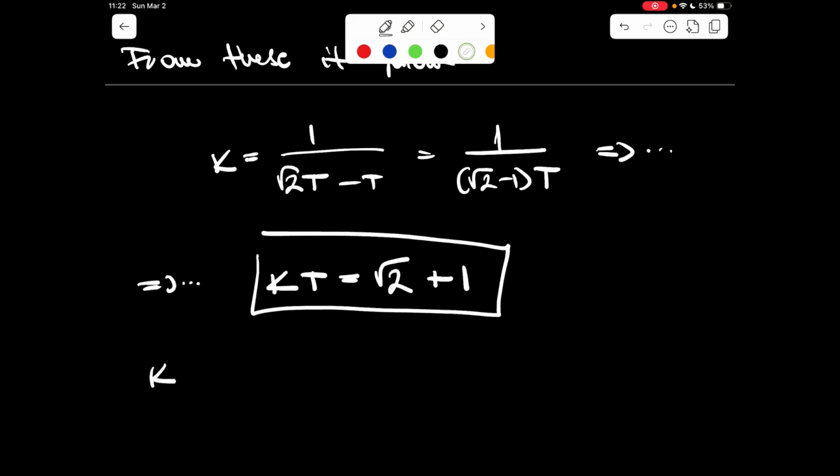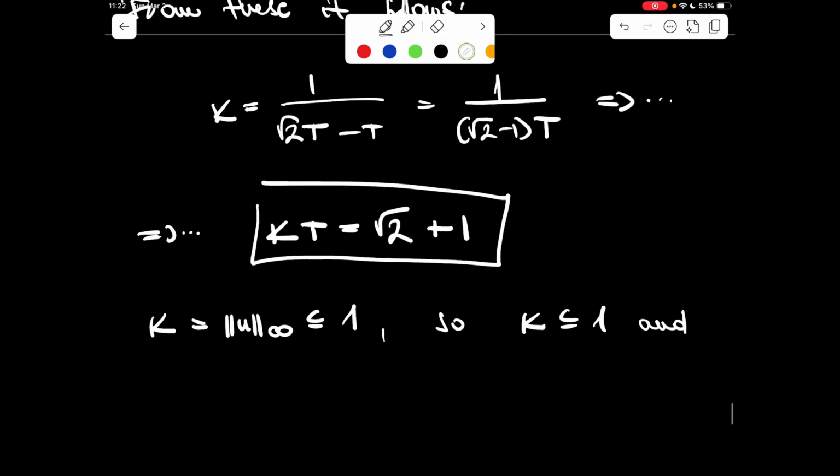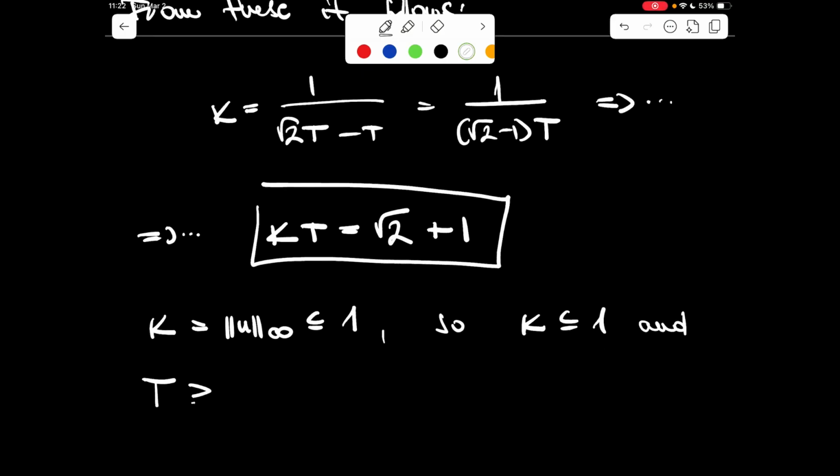We know that k is equal to the norm of the unknown function u and cannot be higher than 1, so k cannot be higher than 1, and it means that t is higher than square root of 2 plus 1.